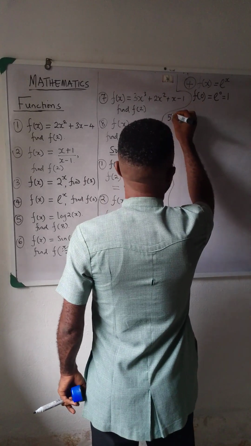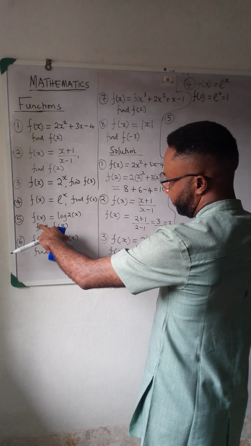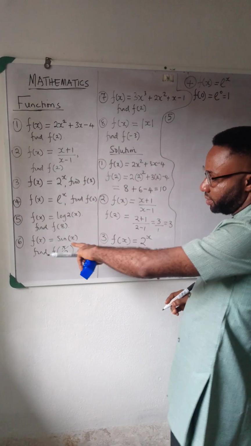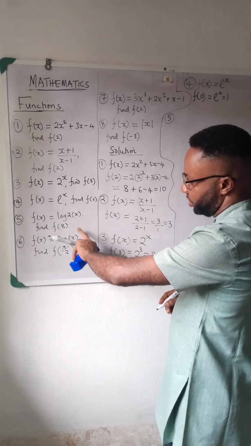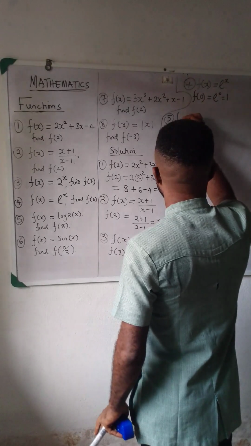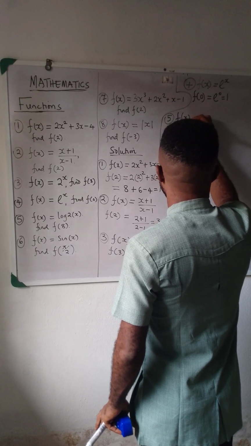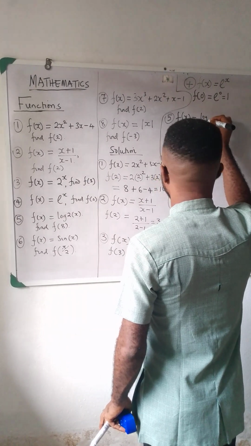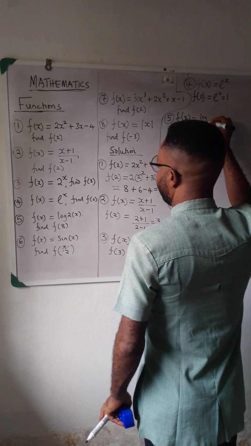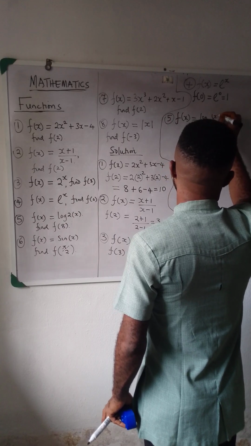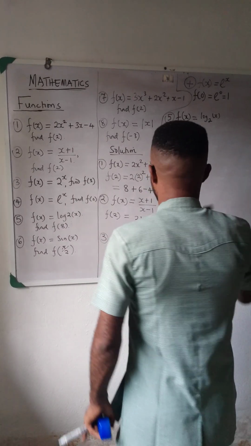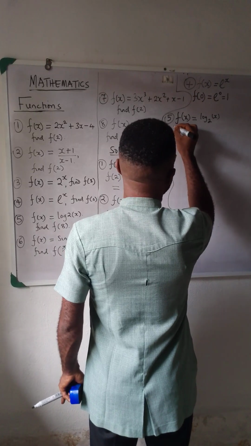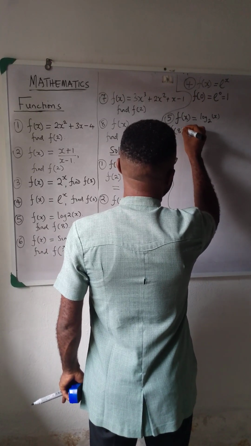So question number 5. This is a log function, a logarithmic function. So we have that f of x is equal to log base 2 of x, and we're asked to find f of 8.